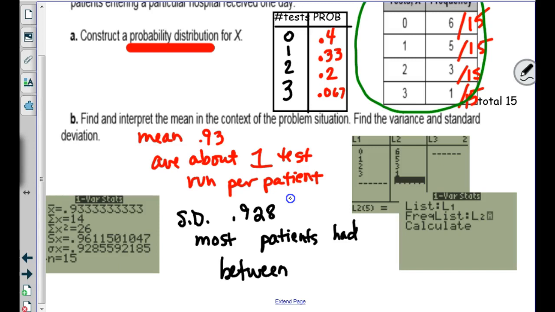If we took 0.93 and we added 0.928, we'd be almost at 2, yes? So had between 0 and 2 tests. Not shocking, right? This was a very small sample size, okay? But we can definitely conclude most people had between 0 and 2. All right.